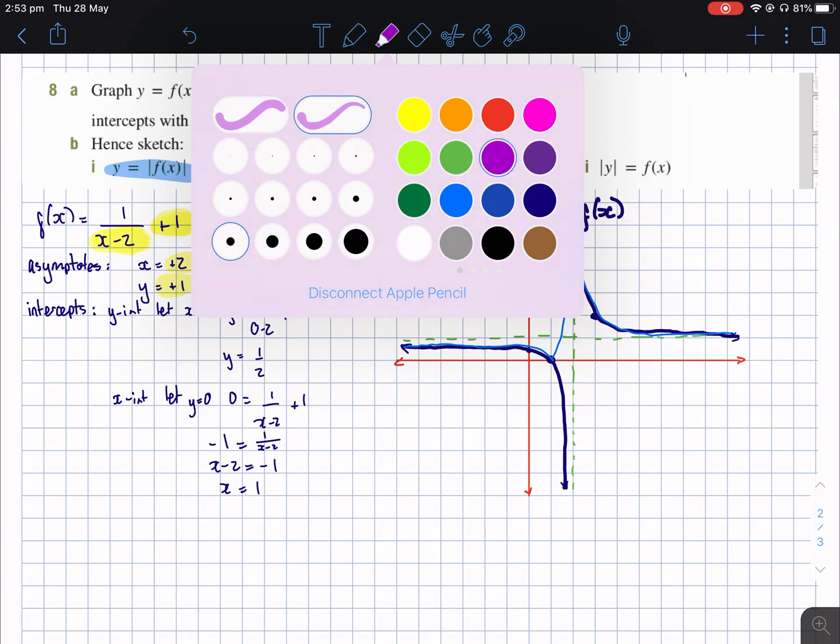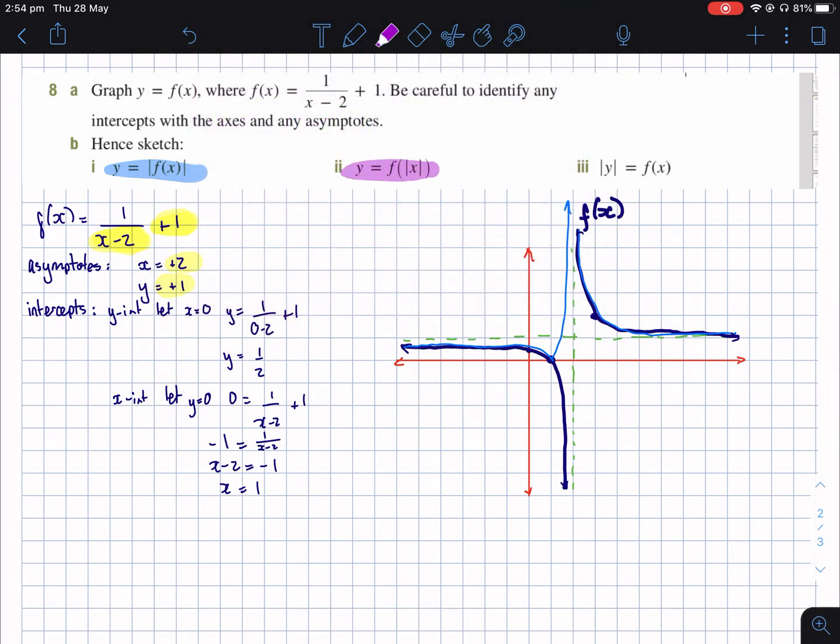The hard bit, as always, is the function of the absolute value of x. So this is where you're happy with everything that's in the positive for x. So I'm happy with that, I'm happy with that. But it kind of gets reflected as a mirror image. So we're now going to have an asymptote at negative 2 instead of positive, as well as positive 2. So this one's going to bounce around. This is going to be negative 1.